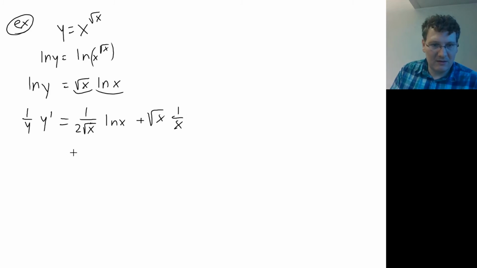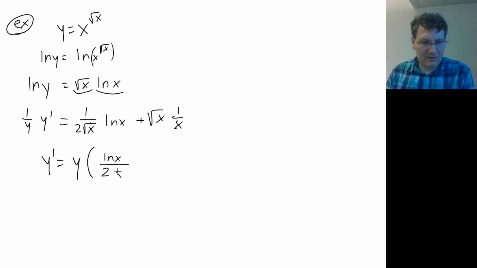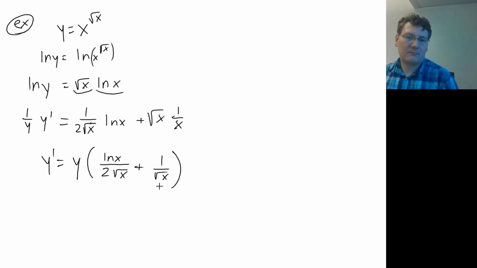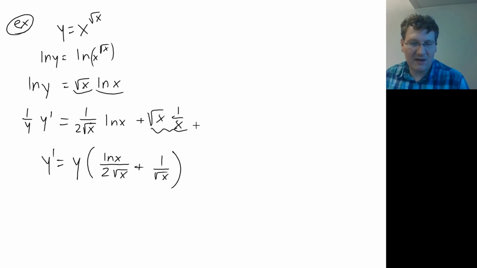And y prime, I'm going to have to multiply by y, and that's going to be ln x over 2 root x plus 1 over root x. That's what I get when I divide square root of x by x.